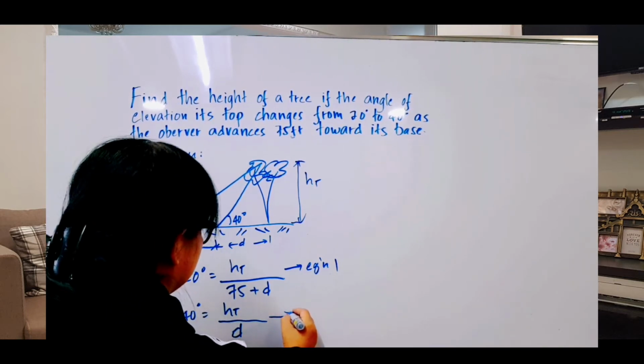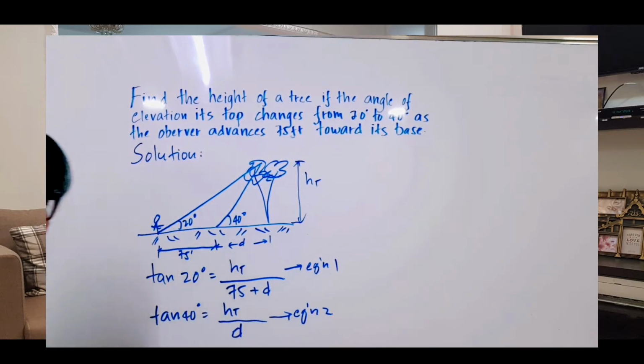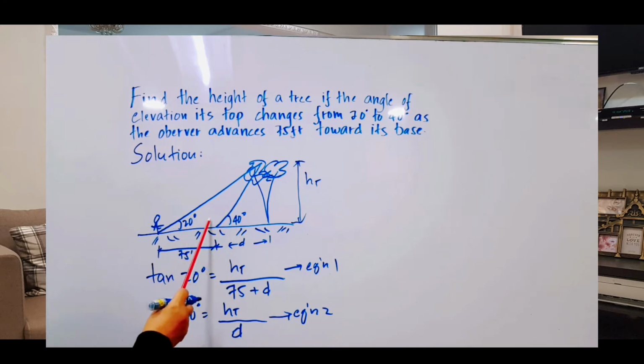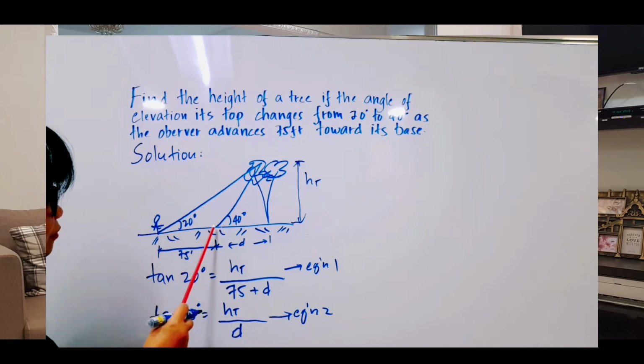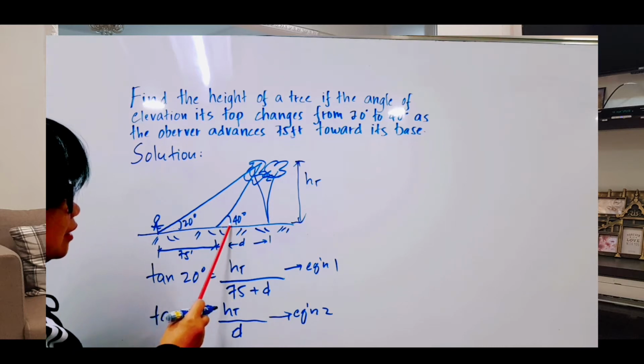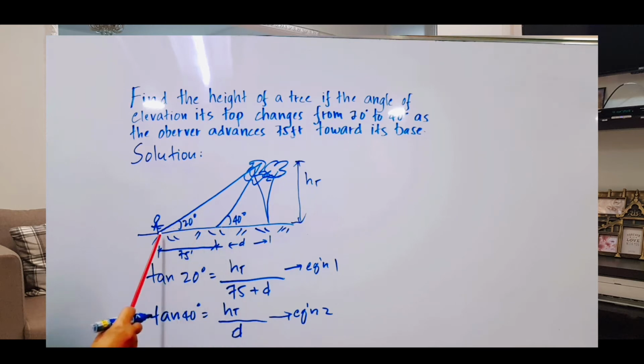This is equation 2. See, the more we move towards the tree, the bigger the angle of elevation becomes. But the farther away we are, the smaller the angle of elevation will be.